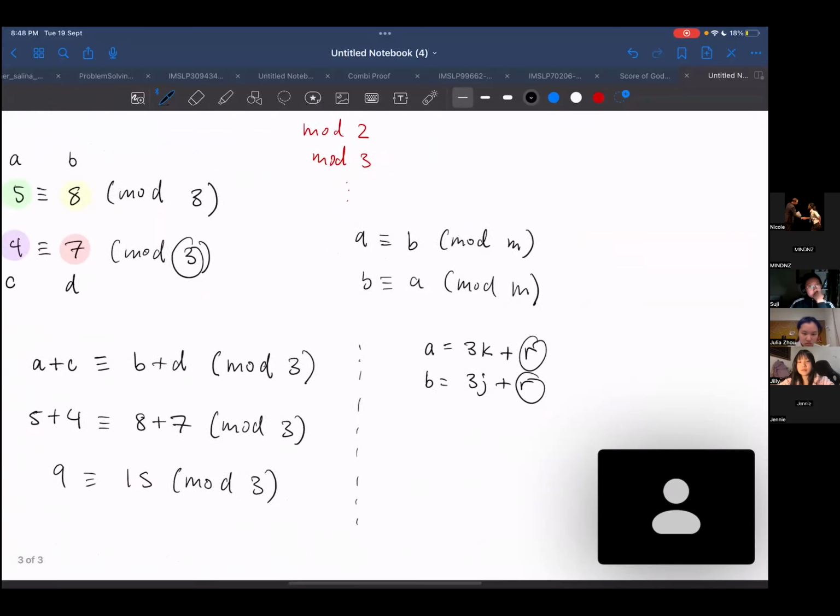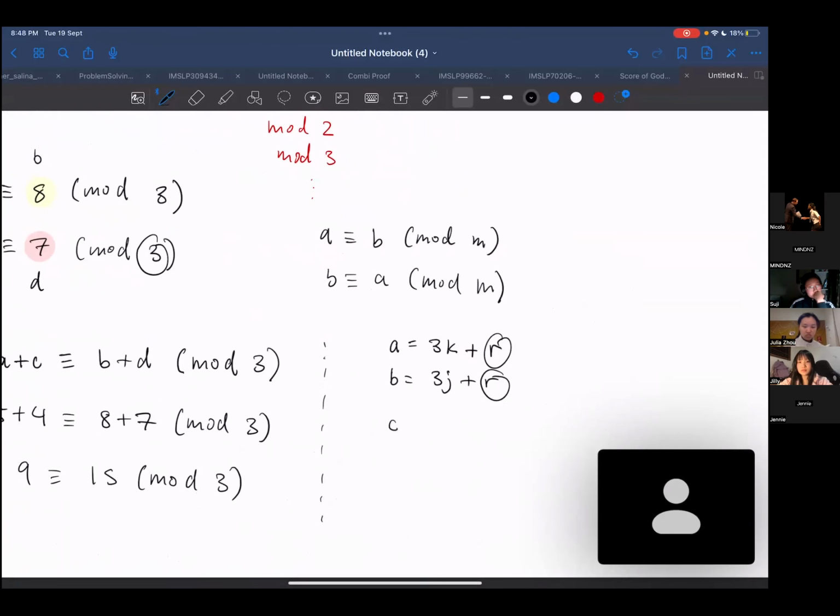And then we have C and D with the same as well. What letters should I use? I'll use m and n. This is a really bad choice of letters. I'll say C equals 3m plus x. And then D will equal 3n plus x, since they're congruent to each other, they share the same remainder.